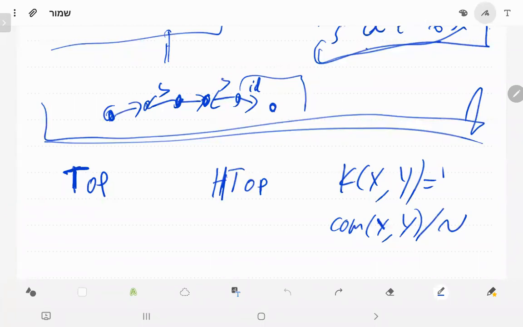The equivalence relation is homotopy, so two maps are the same if they are homotopic one to the other. I assume you all know what is a homotopy of continuous maps. Yes? Everybody knows this? Good.